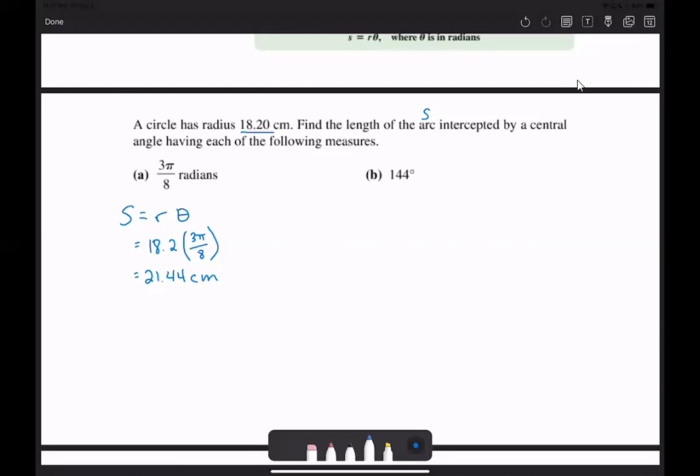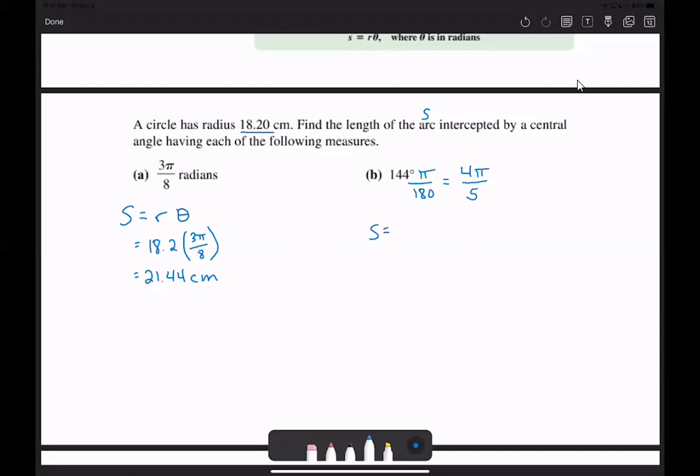To do the second example here, to find the arc length, we've got the angle in degrees. You have to change this into radians, because in order to use the formula, we need our angle in radians. So we are going to use our pi over 180, and this will give us an angle of 4 pi over 5.